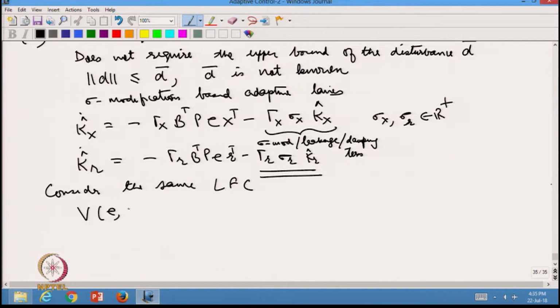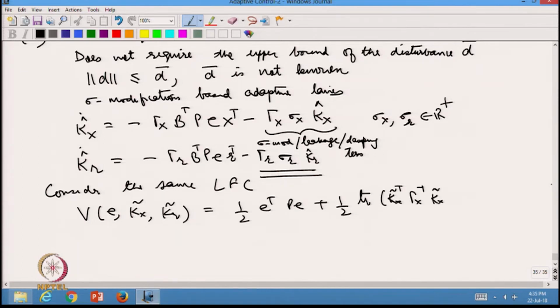V, which is a function of e, k x tilde and k r tilde, is given by half e transpose P e plus half trace of k x tilde transpose gamma x inverse k x tilde plus half trace of k r tilde transpose gamma r inverse k r tilde. Okay, so this is our Lyapunov function candidate.